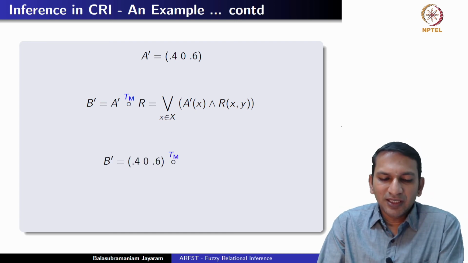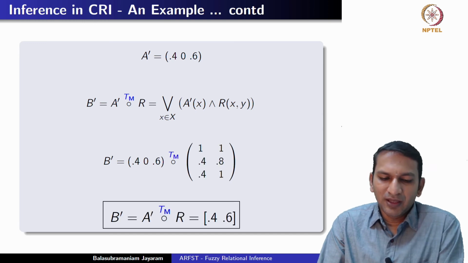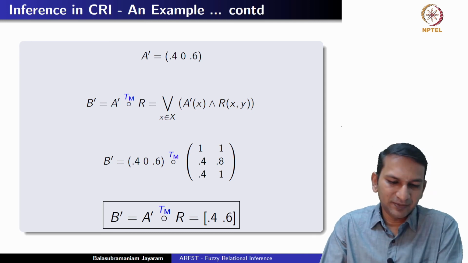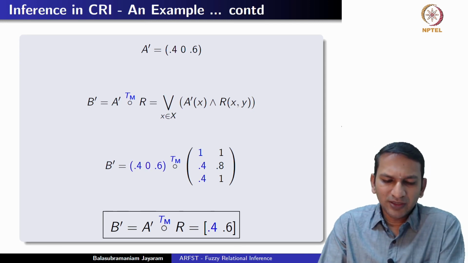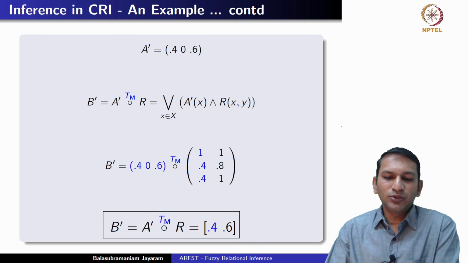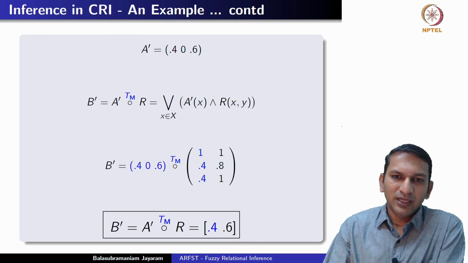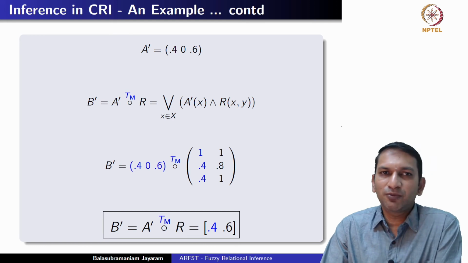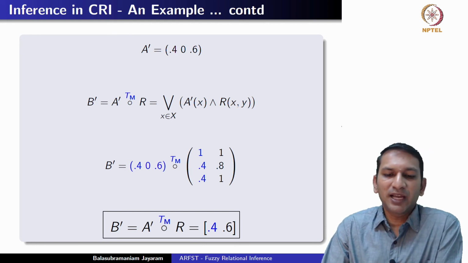Now for B', we take this A' and compose it with this R, and you will see that this is the output that we get. How did we do this? Look at this. We are taking this row 0.4, 0, 0.6 and using the column 1, 0.4, 0.4. In matrix multiplication, in a product, we would actually use sum of products, but here we are using max of min.